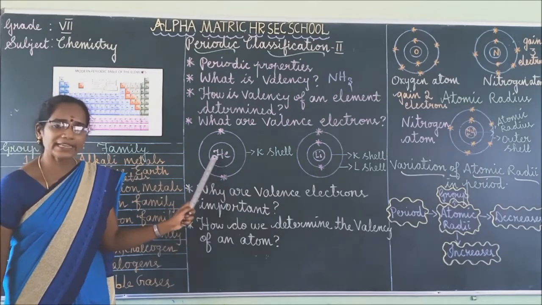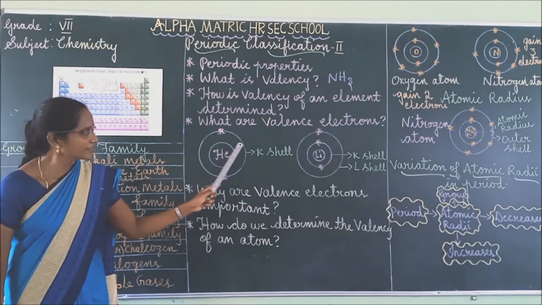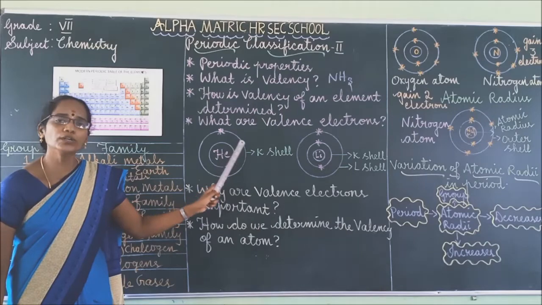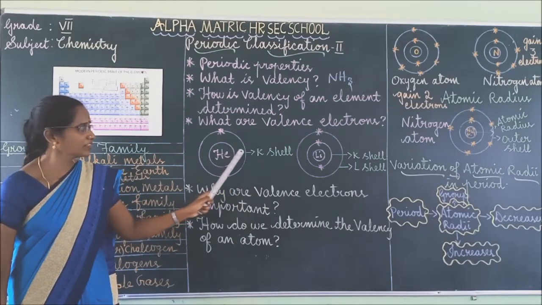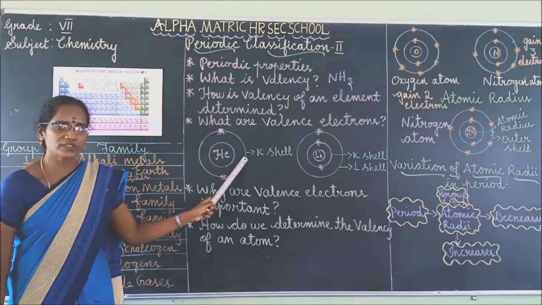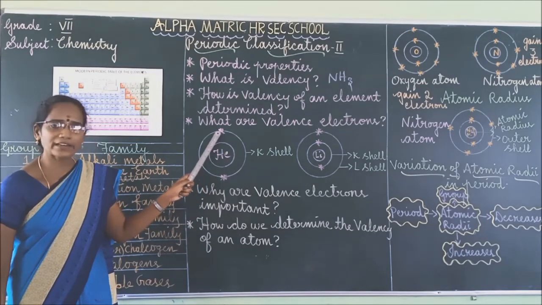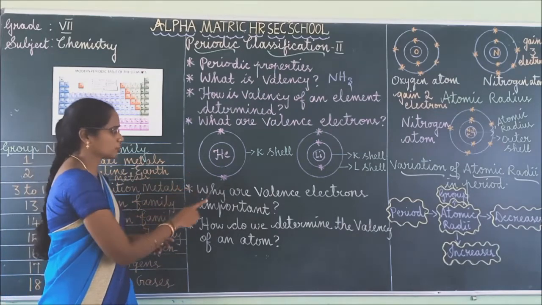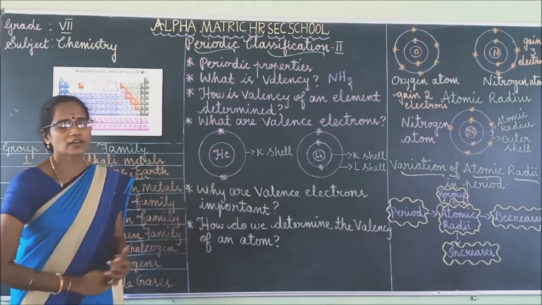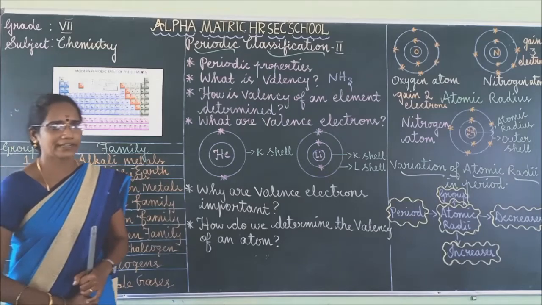For this helium atom, this shell is the outermost shell. So, how many electrons are present? 2 electrons are present in the helium atom, isn't it?